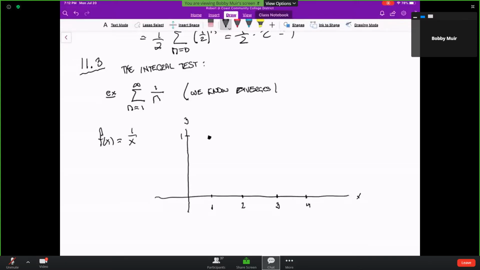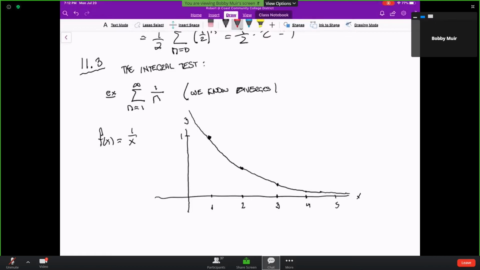Here's 4, here's 5. Now when I plug this guy in, I get a half. This guy in, I get a third. This guy in, I get a fourth. So what's happening here is this curve is what you think it is. It's the 1 over x curve for x being positive, and it's coming down like that.